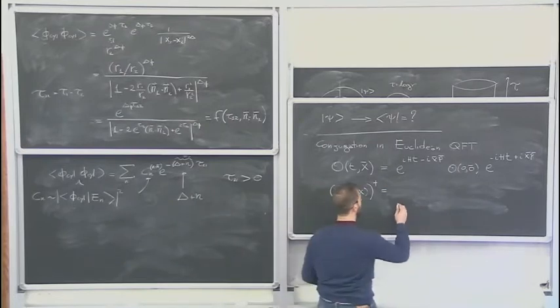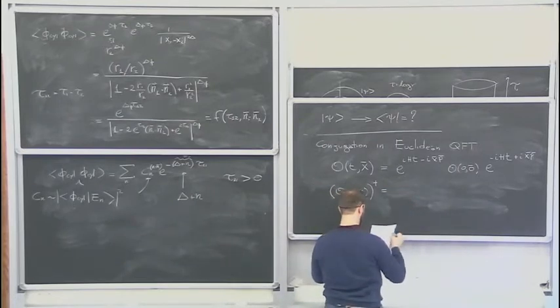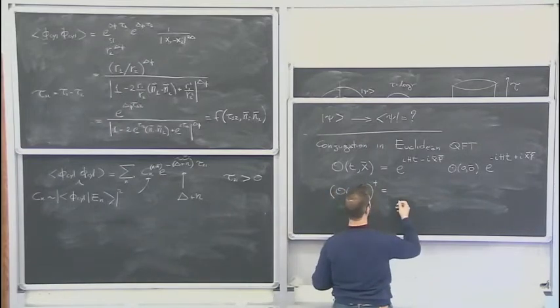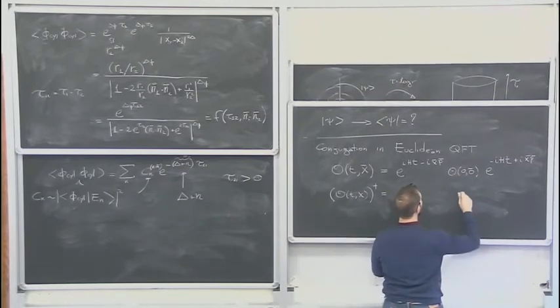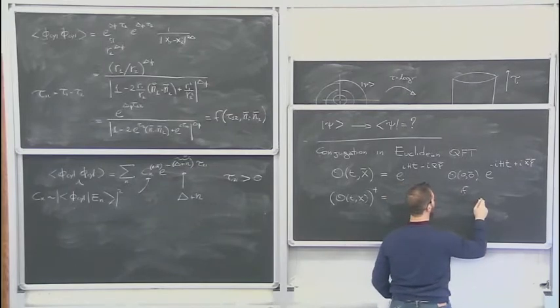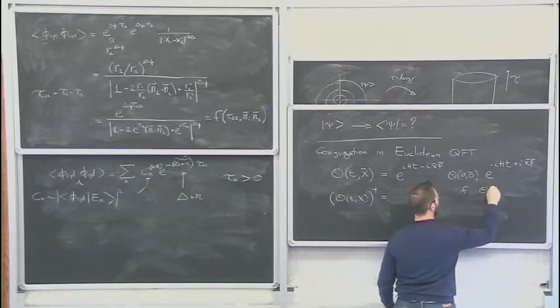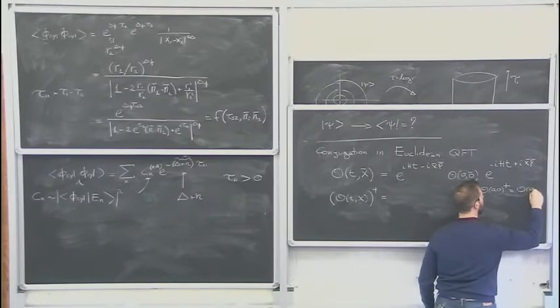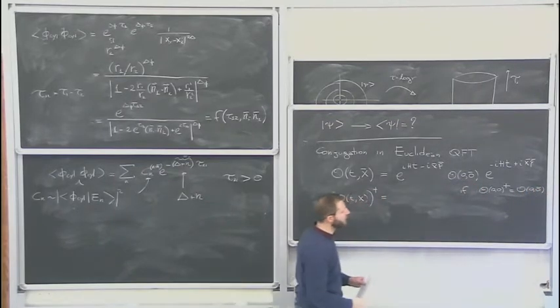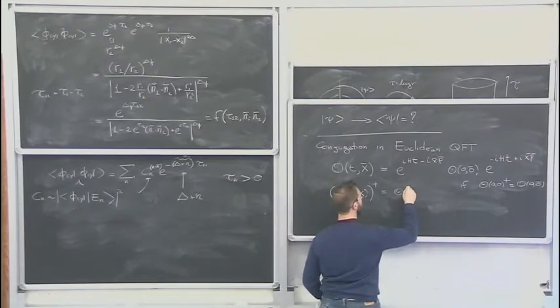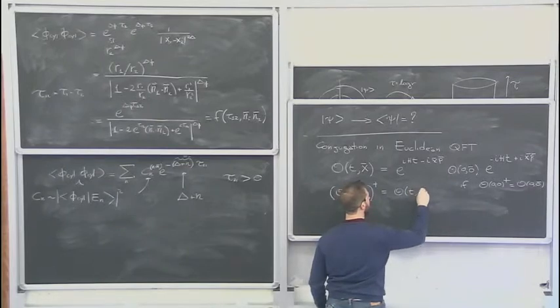Again, if this object is Hermitian, so if O of 0,0 dagger is equal to O of 0,0, let me stick to this particular case, then this is just O dagger, which is just O of t and x.